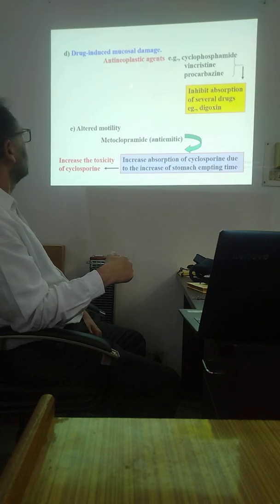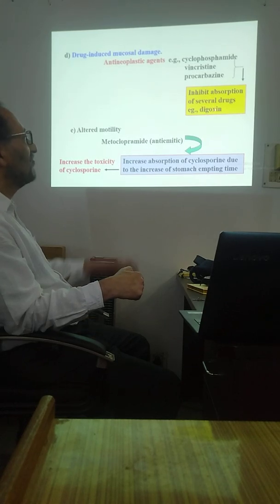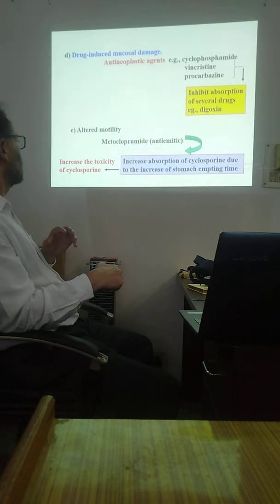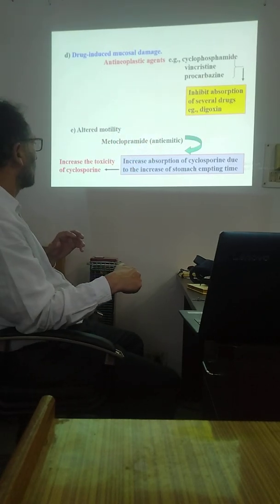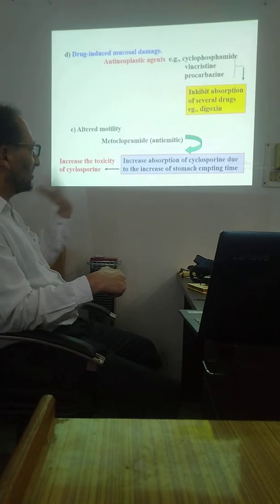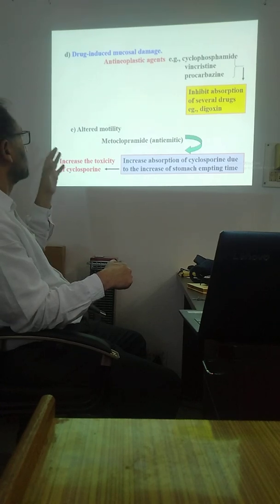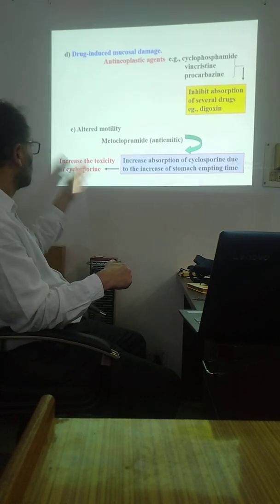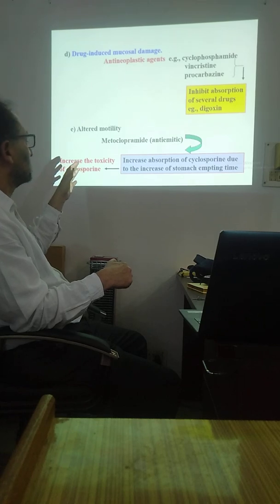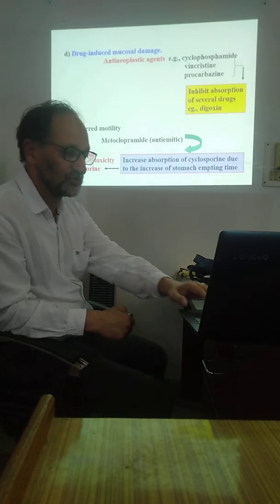So when we have these anti-neoplastic drugs, they inhibit the absorption of digoxin. And the same is the case with altered motility. Metoclopramide is an antiemetic. It also increases the toxicity of cyclosporine many fold. So we have to take these things into consideration because drug-induced mucosal damage or motility is changed by so many drugs.